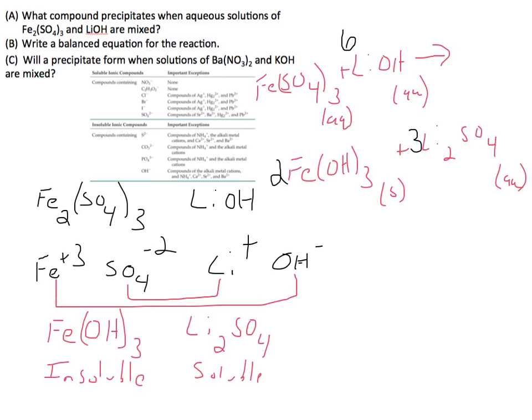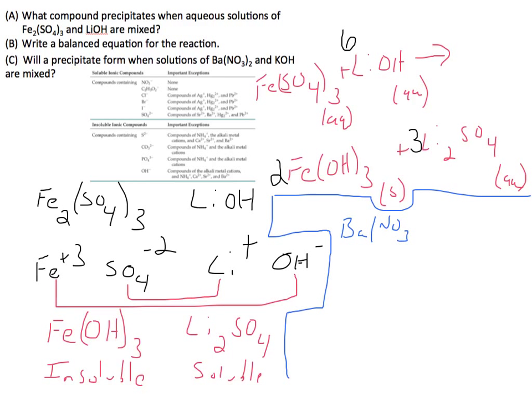The last part of that question asks, will a precipitate form when solutions of barium nitrate and potassium hydroxide are mixed? I'm just going to draw this so we don't get confused. We have barium nitrate, Ba(NO3)2, and we have KOH, which means we have barium plus 2, NO3 minus, K plus, and OH minus.